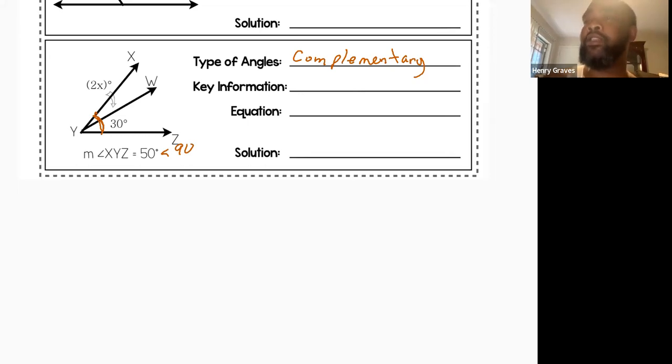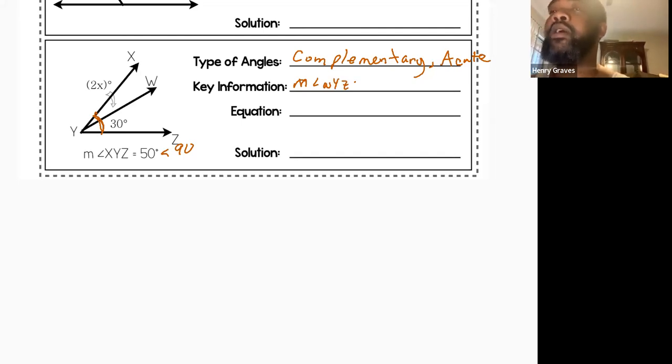Our key information is the 30 degrees we have, right? Let me make it easier by writing out the actual measurement. So the measurement of angle WYZ is 30 degrees.